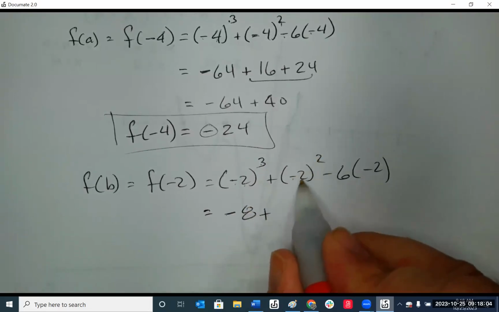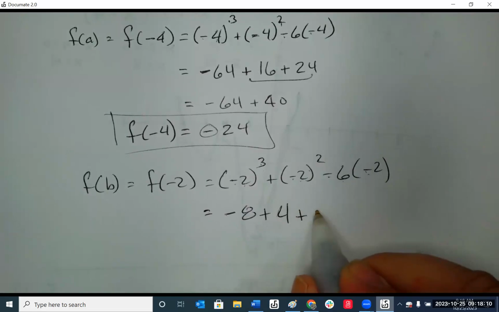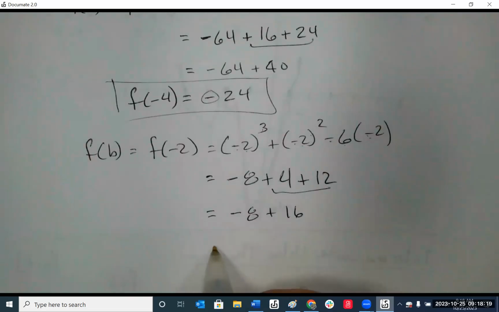Negative squared is positive. 2 squared is 4. Negative and negative is a positive. 6 times 2 is 12. Negative 8 plus 16 is 8. Positive 8.